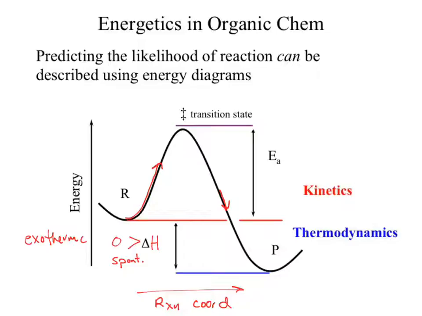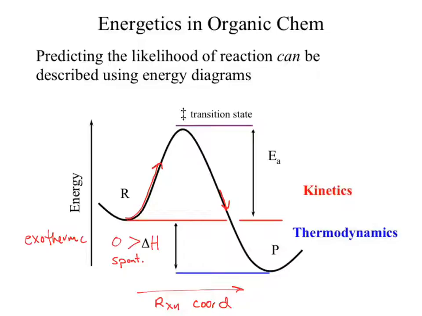Still spontaneous and all that fun stuff. Delta G, delta S, all of that are terms that apply solely to thermodynamics. So when we're looking at the distance between our reactant and product energies, all we're concerned about is thermodynamics. Is that reaction something that is likely to occur?